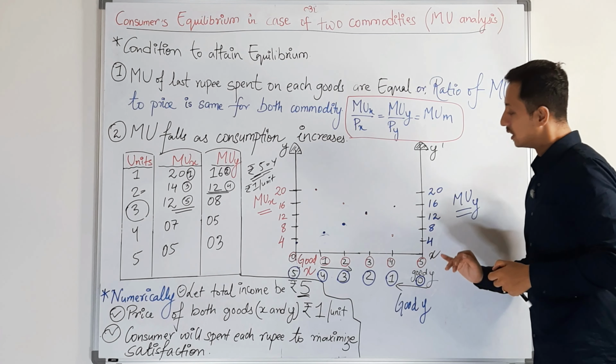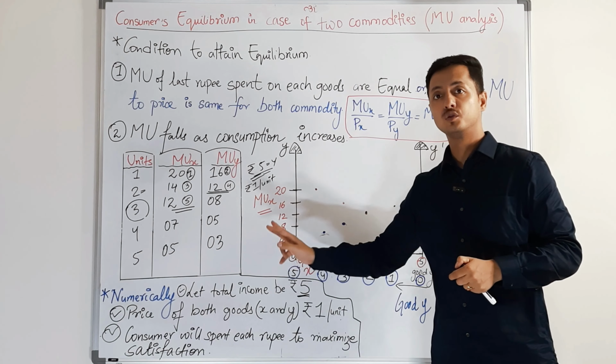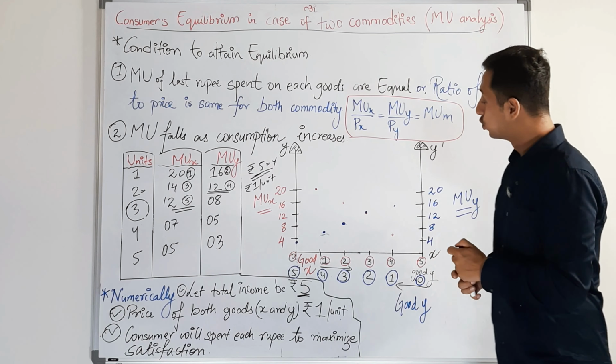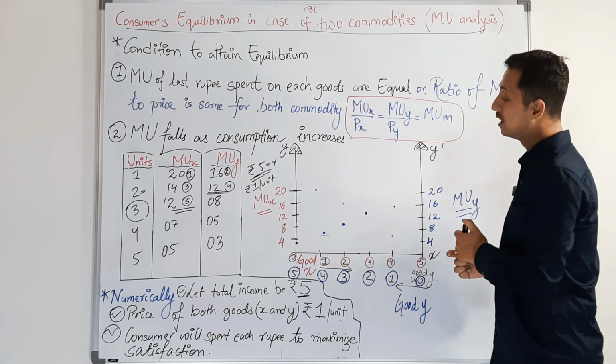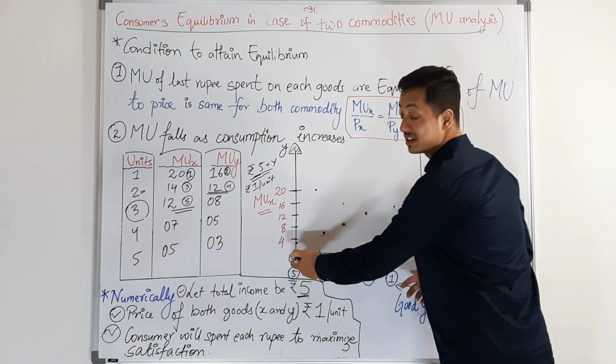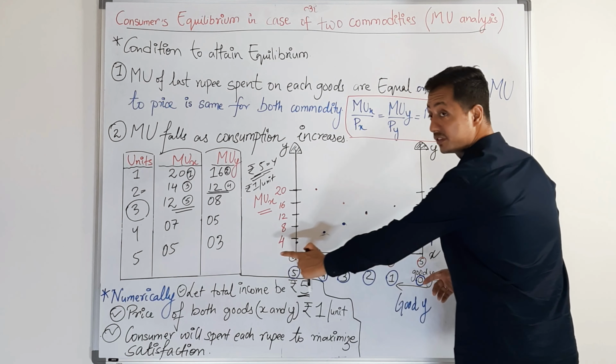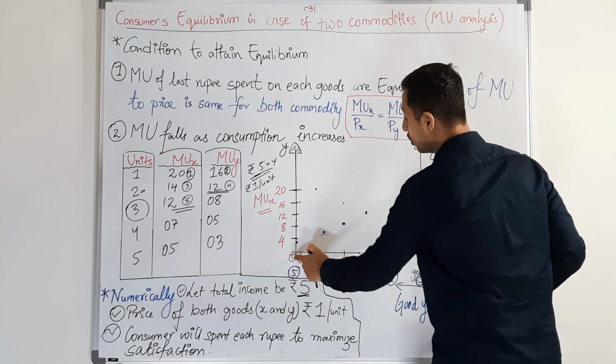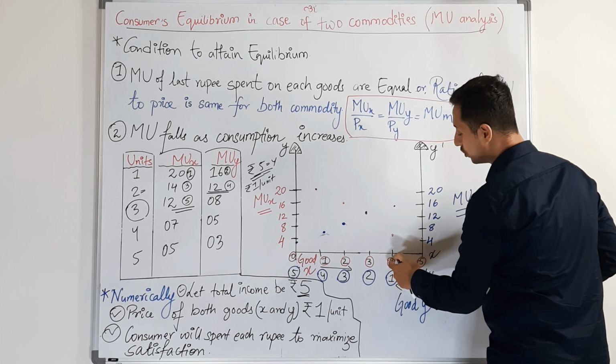Now there are a total of 5 units of good. Good X, we will start the point from left to right: 0, 1, 2, 3, 4, 5.